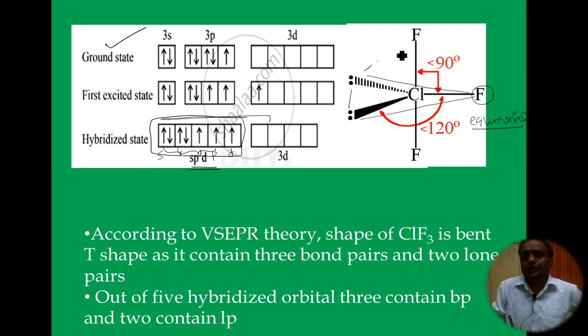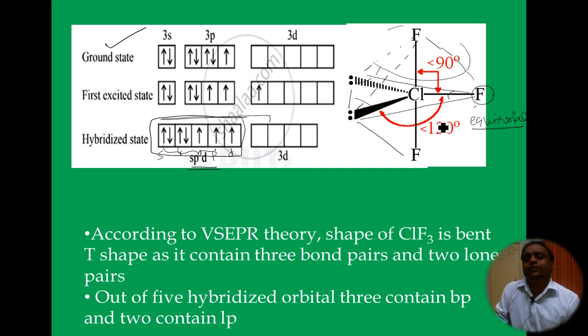This is a pyramid. This is a trigonal pyramid. If you see these 1, 2 and behind it is a third face of this pyramid. It is called trigonal because there are three angles, 1, 2 and 3, and bipyramidal because this is one pyramid and there will be another at the bottom.